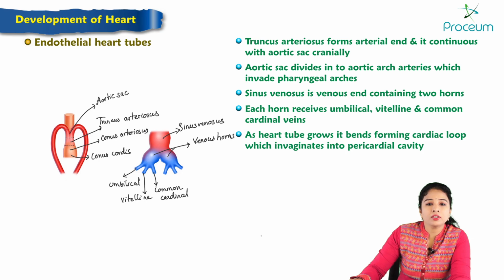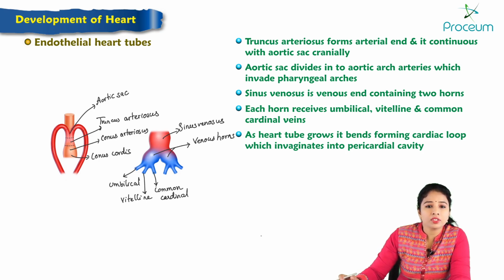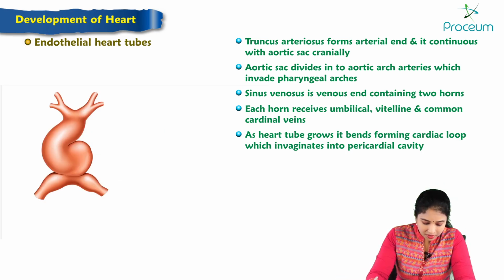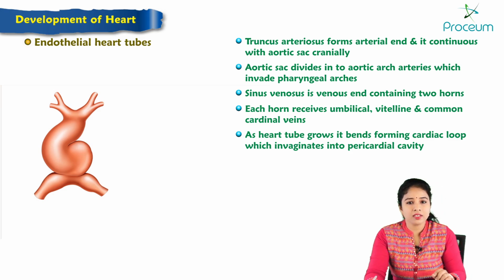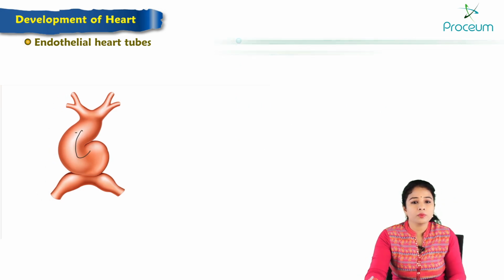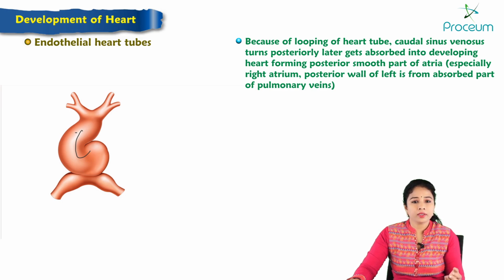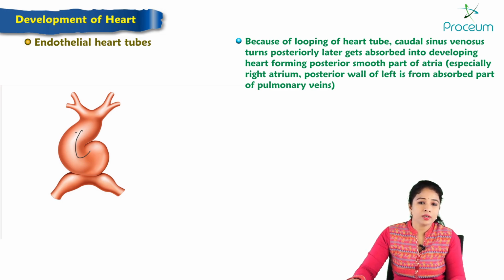As the heart tube grows, it bends forming a cardiac loop, which invaginates into the pericardial cavity. Here we can appreciate the looping of the heart. This is the cardiac loop. Because of the looping of the heart, the caudal sinus venosus turns posteriorly and gets absorbed into the developing heart.